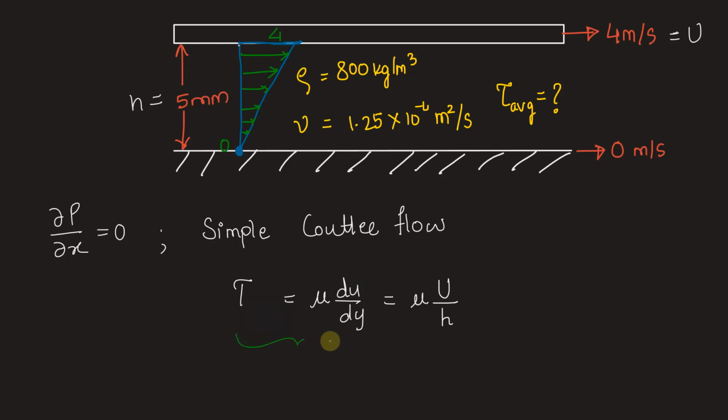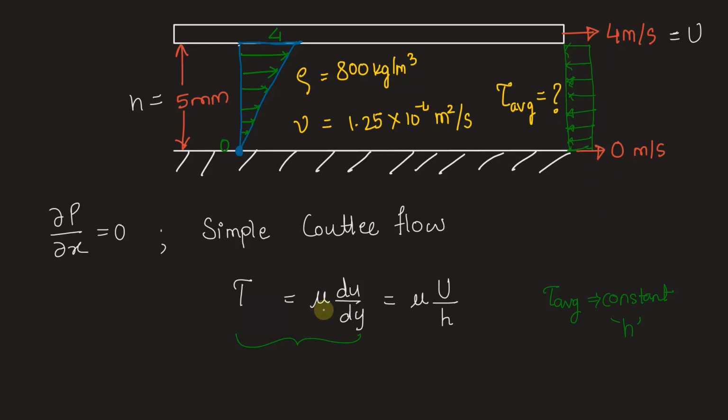Also, from Newton's law of viscosity, we notice that shear stress is the slope of the velocity profile. So if the velocity profile is linear, the slope will be constant and hence the tau average that we obtain will be constant throughout the height h. So the distribution of shear stress can be shown like this, in a direction opposite to the velocity, and it is uniform throughout the depth.